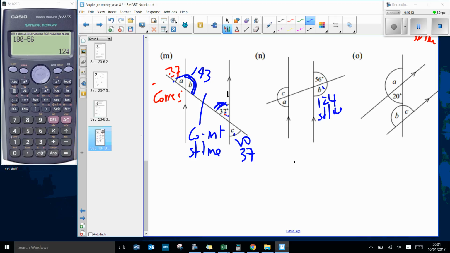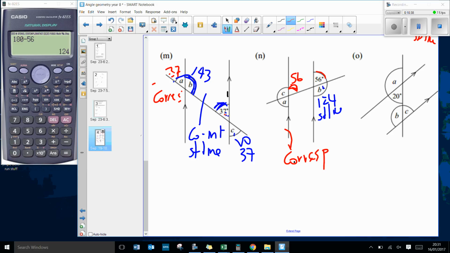Here we actually have to find a missing angle before we can find any of the others. So you've got a choice here. I can see that this angle here is 56. Its corresponding angle here would be 56. So we have to list that because we've used it as a reason. We've used corresponding angles first.